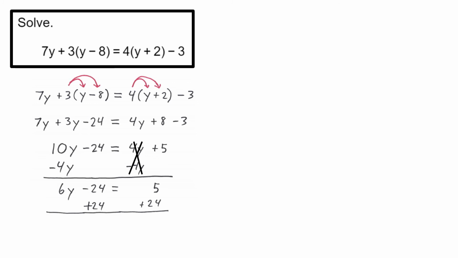We draw a line to indicate we're going to add. We bring down our equal sign, and then we go column by column. The 6y can just come down. The 24's cancel each other out. And on the right side, 5 plus 24 is 29.